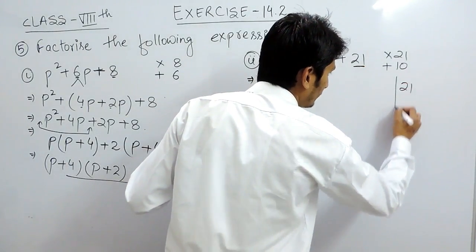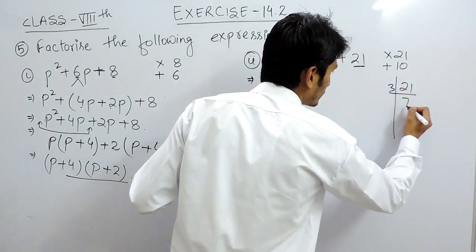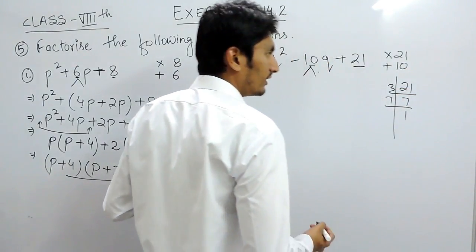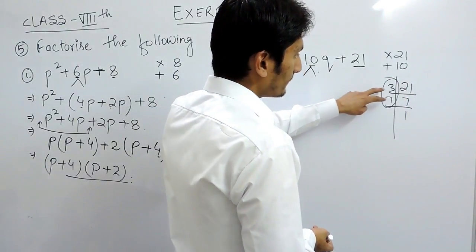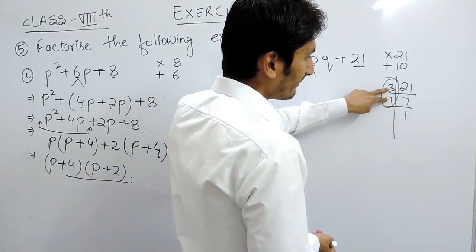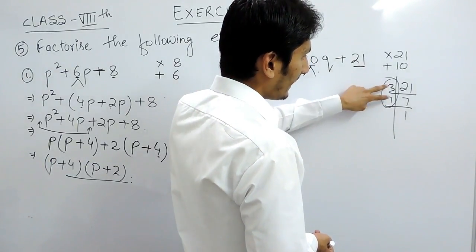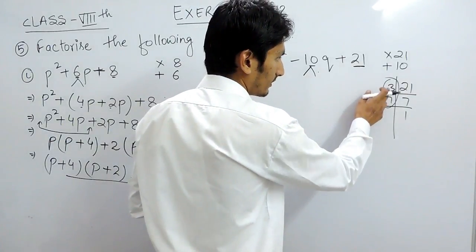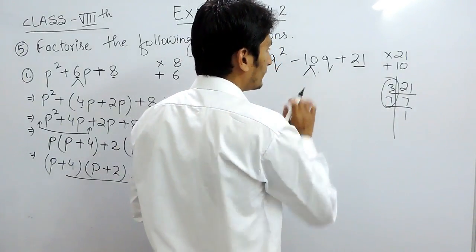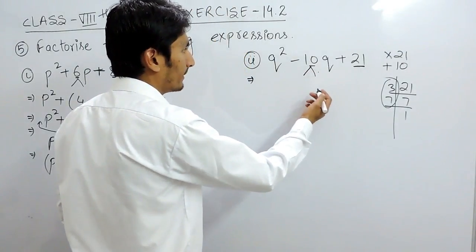If I factorize 21, this is 3 into 7 and 7 into 1. So these 2 are the factors, and clearly multiplying 7 and 3 will give 21 and adding 3 and 7 will give 10. So with these factors you can find those numbers.